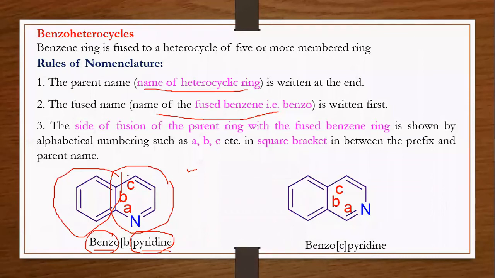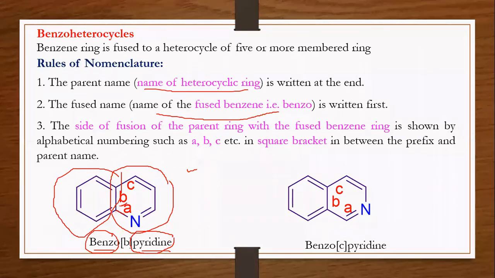Here the pyridine ring is fused with the benzene ring, but we have to see its point of fusion, and hence it is shown with alphabets a, b, c, etc. Now this bond between carbon and nitrogen we name as a, and the bond between the benzene ring and pyridine ring is shown by the alphabet b.